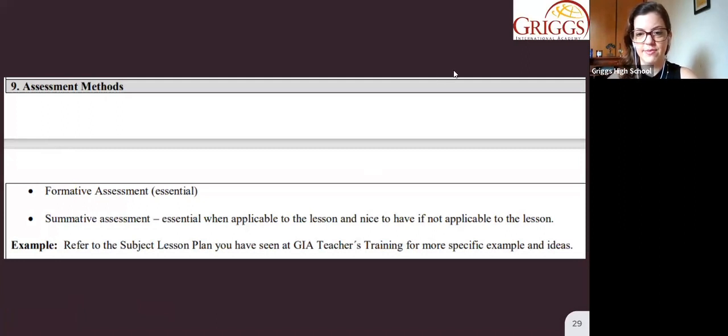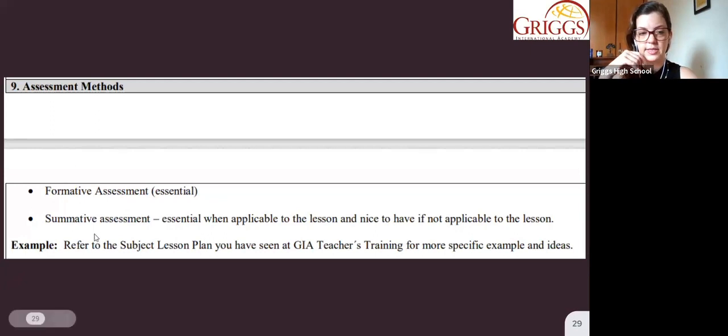Last, we have the assessment methods. So most classes you're going to have formative assessment, sometimes summative assessment, and you're going to write what you have. Well, in today's lesson, I'm going to assess students' performance through group discussions, written paragraph, video comprehension that they're going to demonstrate through a fill in the blanks exercise, or an oral presentation that they're going to prepare.